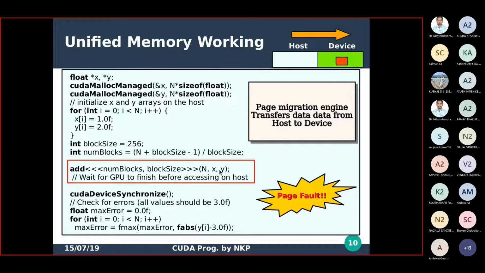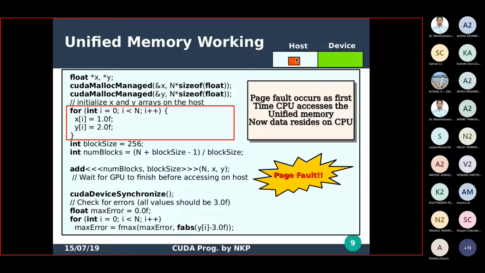When the GPU directly tries to access them, it will cause a page fault, because x and y are currently present on the CPU side, but the GPU is trying to access them on the GPU side. So when the GPU looks for x and y in its own memory, it will not find them, because currently x and y are residing in host memory.